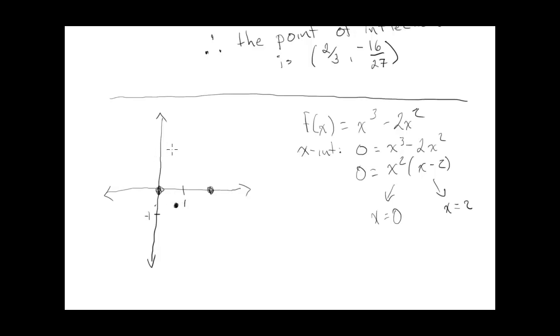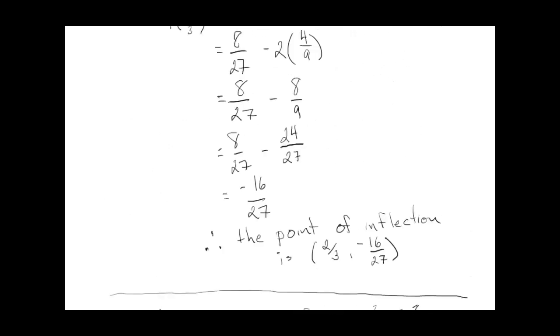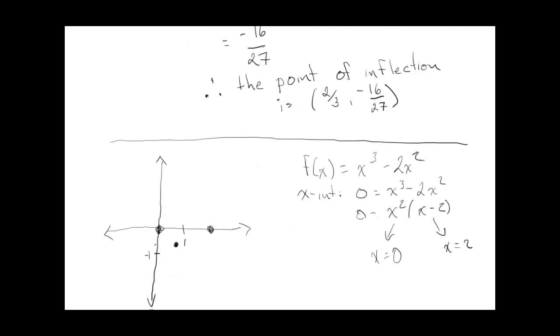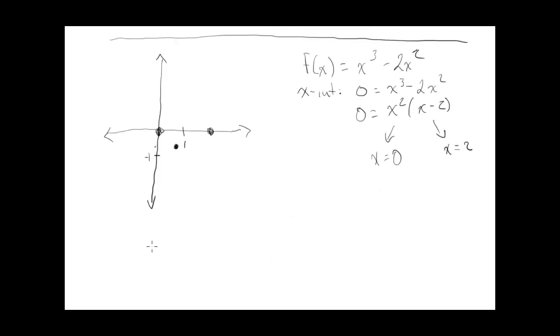Okay, so then we know that the function was concave down to the left of 2/3 and concave up to the right. What this function must look like, it's cubic. So it's going to be coming down like this. It's going to have a minimum point somewhere around here. We could actually figure that out. But here, notice that's concave up.